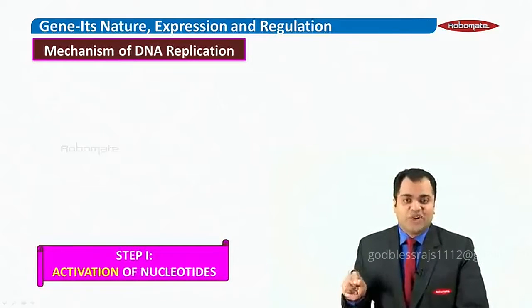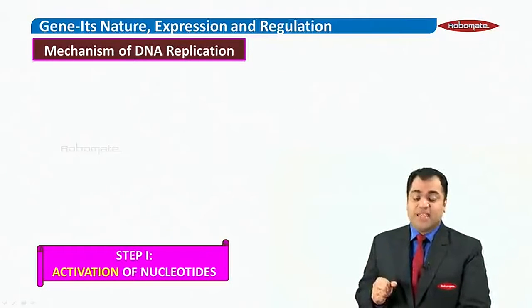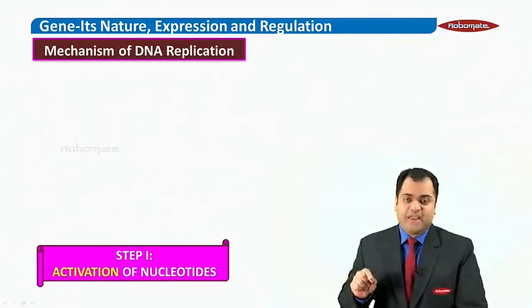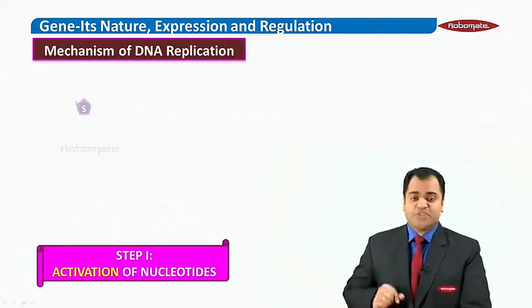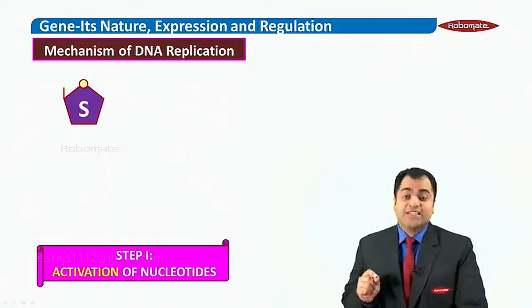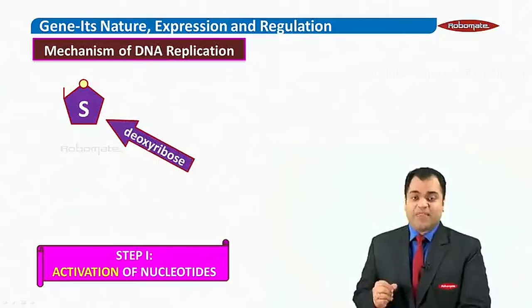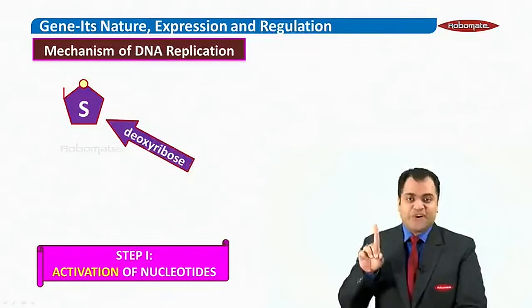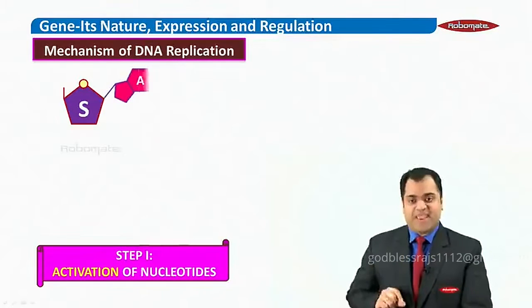Now, what is a nucleotide? You have learned about that in the previous modules. Now, we know that a nucleotide is made up of three components. Here is the first one. What you see here is a deoxyribose sugar. Then, as you know, attached to the first carbon of this sugar is a nitrogen base.